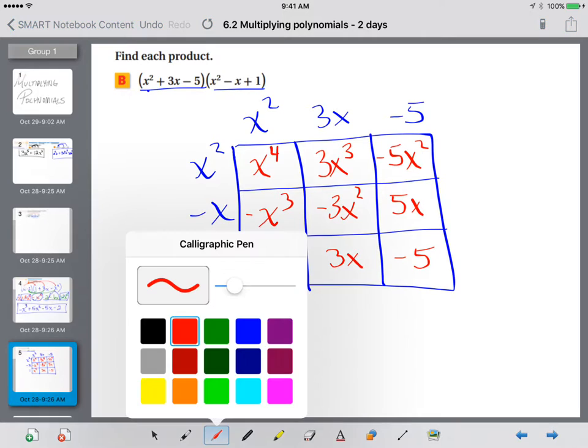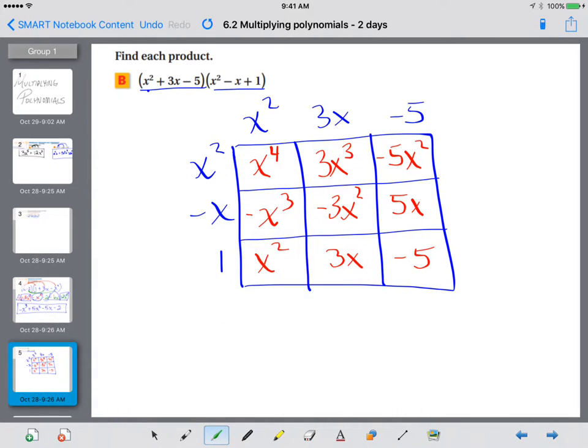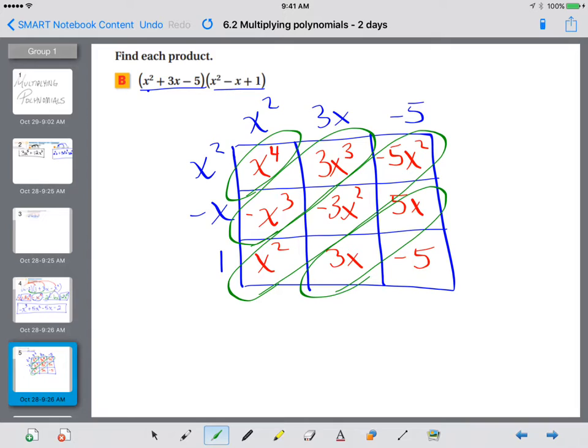Now the great thing about this is you'll notice as you use your diagonals, those are the like terms that you're going to be combining. Almost every time it will work out this way in a 3 by 3. So we're going to rewrite this polynomial as x to the 4th comes first.